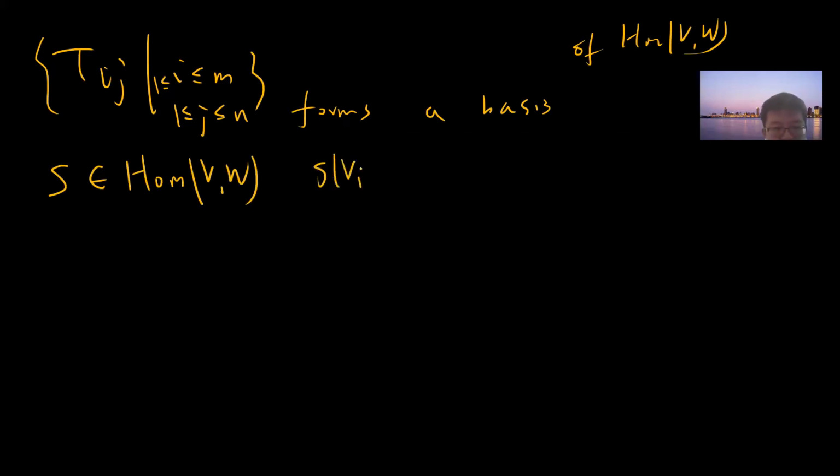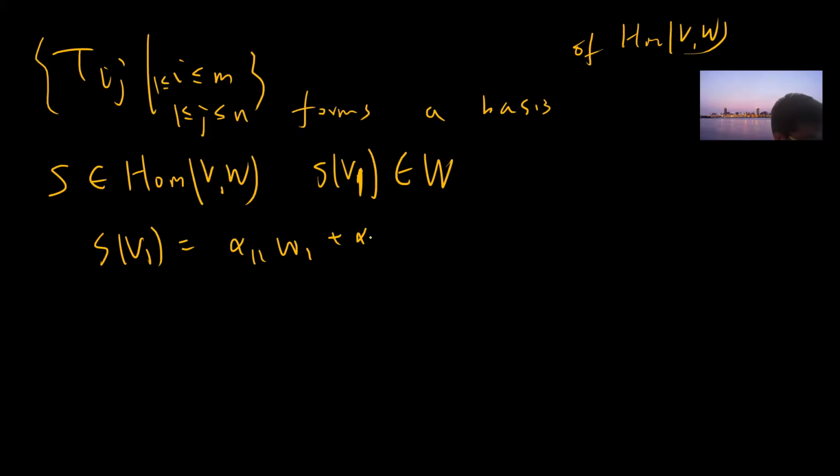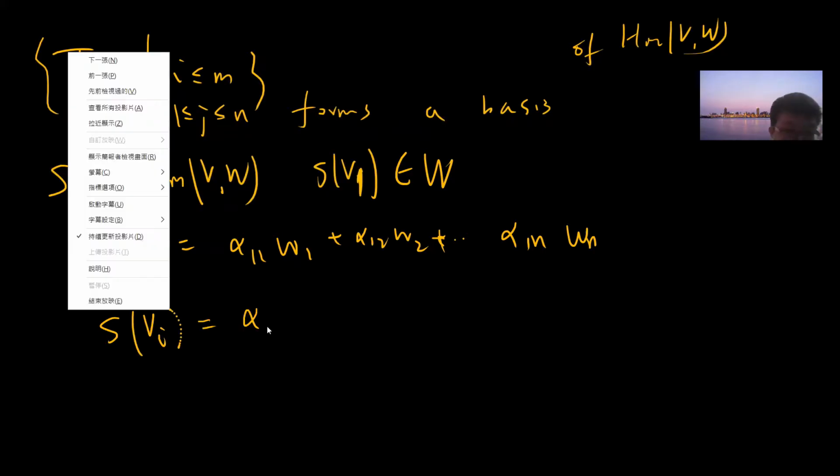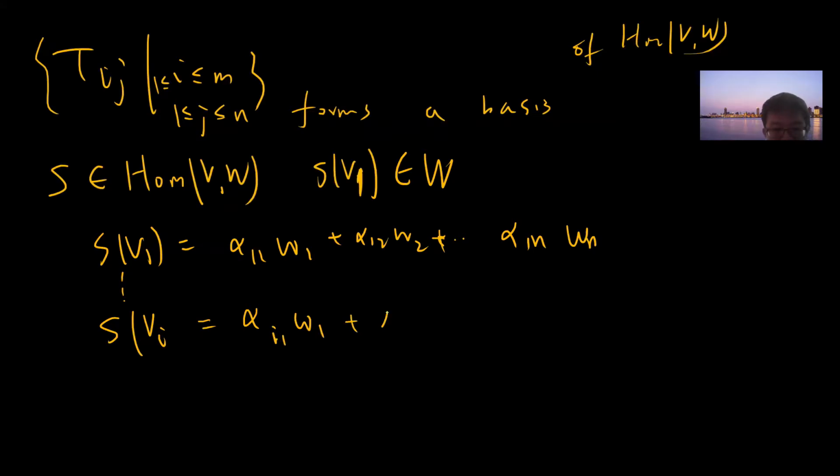We know that Sv1 will be in W. W has w1 up to wn as a basis, so I can write Sv1 as alpha 11 w1 plus alpha 12 w2 up to alpha 1n wn, where all these coefficients are in F. Then you can define Svi as alpha i1 w1 plus alpha i2 w2 up to alpha in wn.